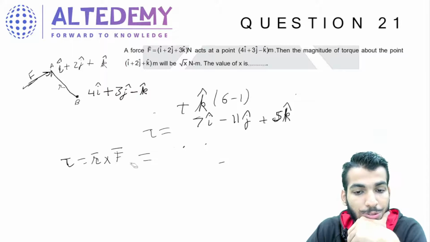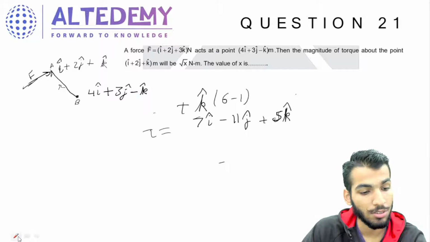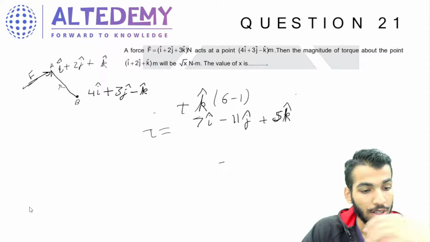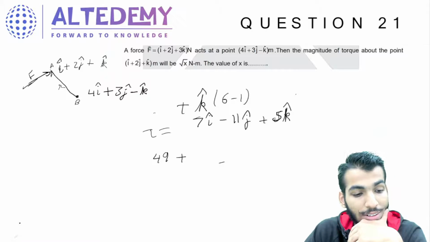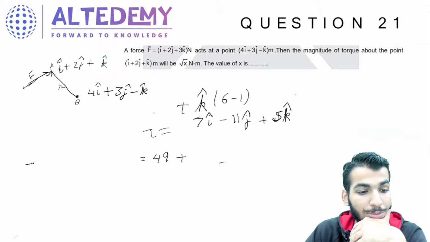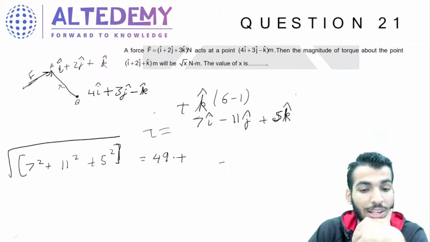Now this will be torque, and what will be our magnitude of this torque? Nothing too sinister. That shall be equal to 7 square plus 11 square plus 5 square. So this whole thing under root will be the magnitude of the torque.